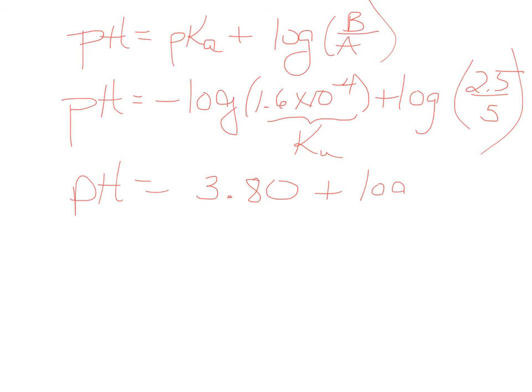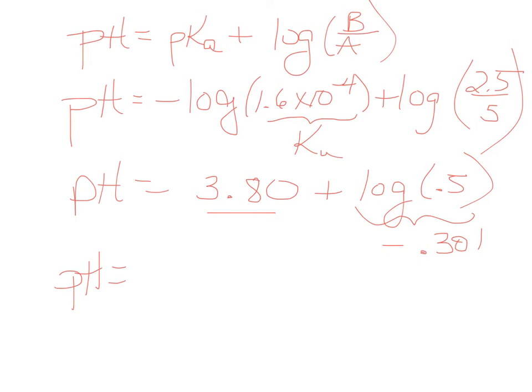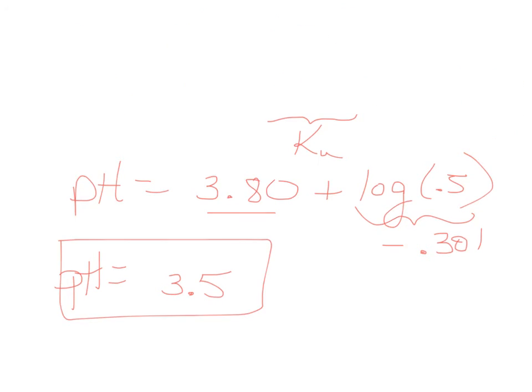And then we need to do the log of 0.5, and that is minus 0.301. And that gives us a pH of 3.80 minus 0.301, which gives us 3.5 for the pH of this problem.